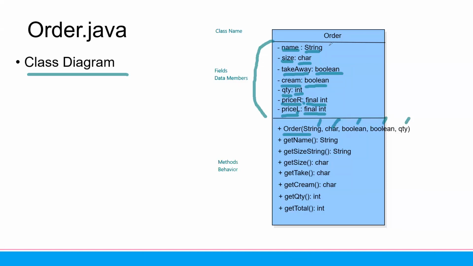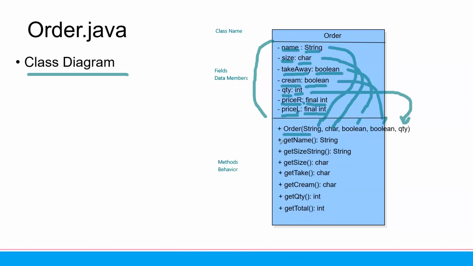So it means the name will represent the order product name, and then the size will be here, and then we have two Booleans, so it is takeaway or not, or the product includes cream or not, and then the last one we want to save the quantity.